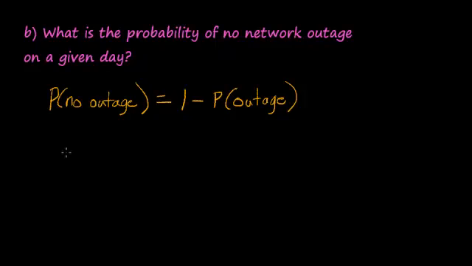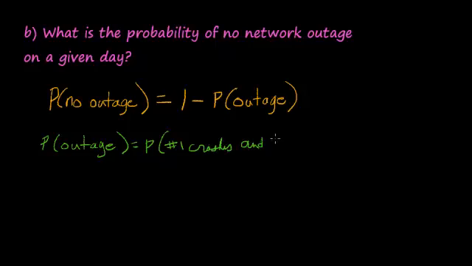Okay, well, let's think of what would be the probability then of an outage. Let's find that. We said the only way that happens is if number 1 crashes and number 2 crashes and number 3 crashes.